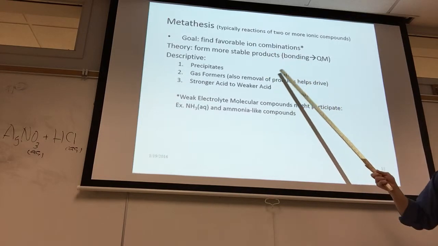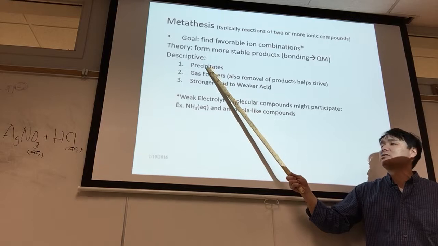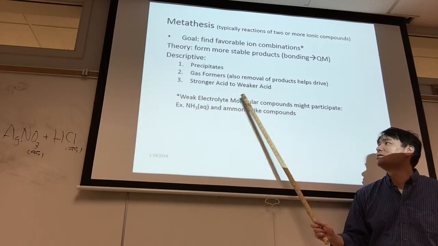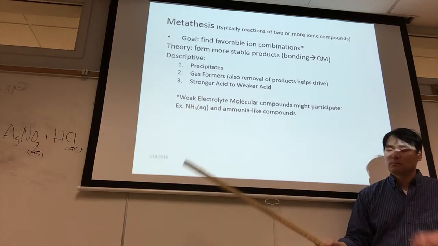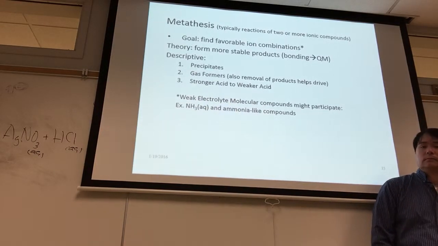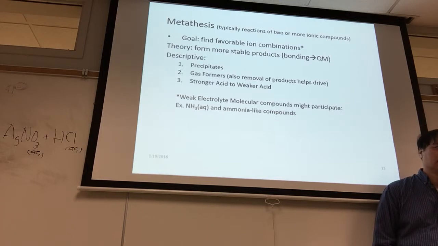You know, what ions like each other. You can figure out what ions like each other because the ions that like each other tend to form precipitates, or tend to form gases, or weaker acids from stronger ones. Wait, the ions that like each other tend to form acids? Yeah. So is hydrogen chloride in that list? So that means they like each other?